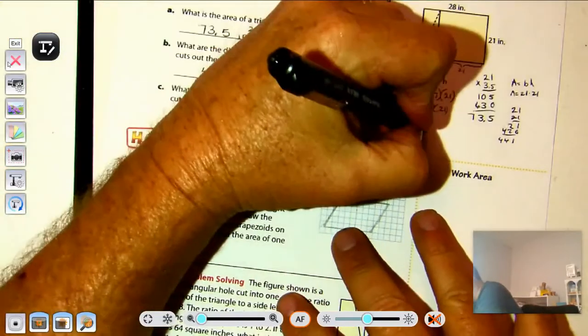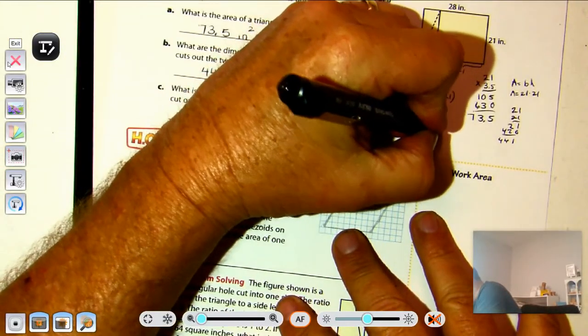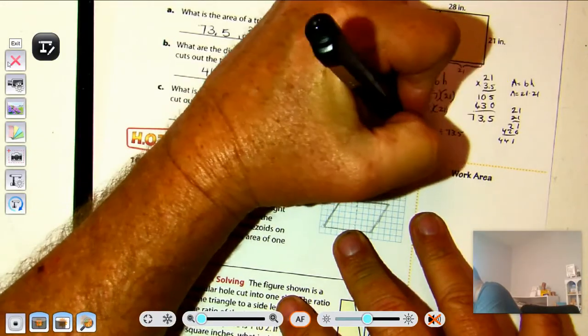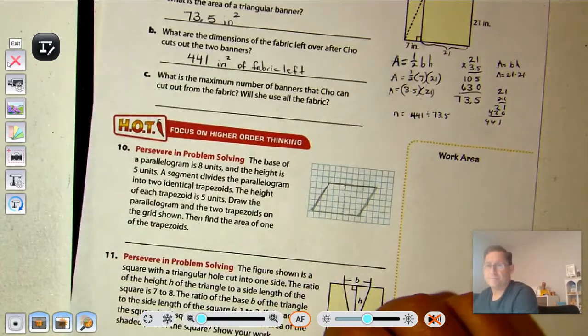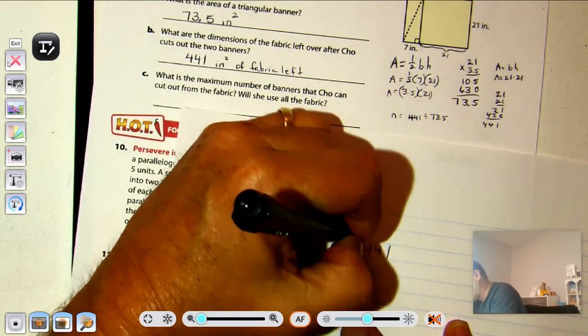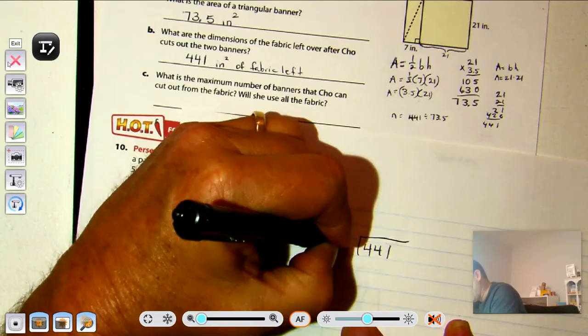Well, that would be 441 divided by 73.5. Okay, so 441 divided by 73.5.